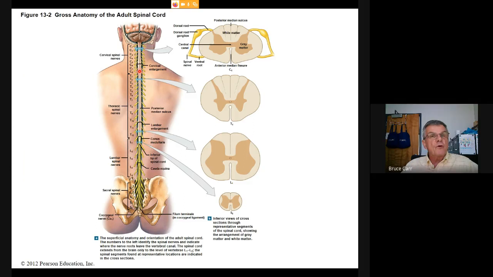So the T1 vertebra is above the departure of the T1 spinal nerve. So if you go down here to the middle, here's the L2, right above it, this space where the pointer is where you would find the L2 vertebra. That continues all the way down to the L5 below and the sacrum.